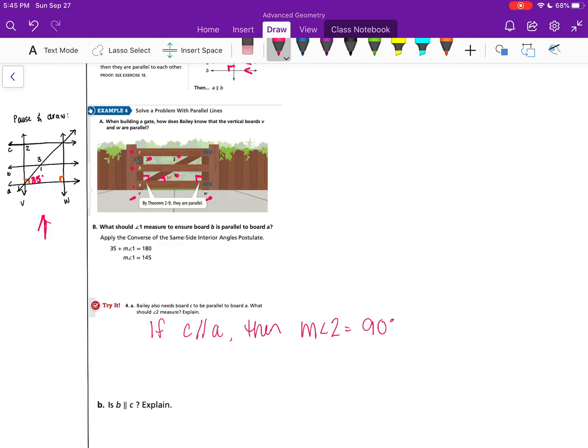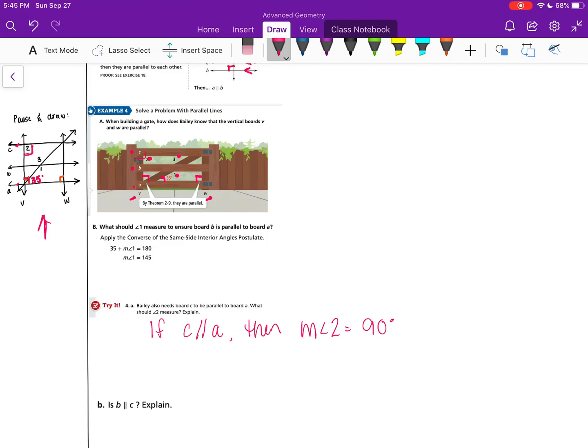Because we have to have that 90-degree angle here. And if this is perpendicular and this is perpendicular, then these 2 lines will be parallel. Because 2 lines perpendicular to the same line, aka C and A are both perpendicular to this vertical line V, they must be parallel to each other.